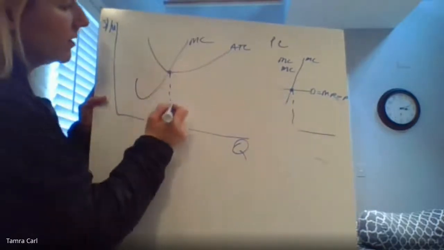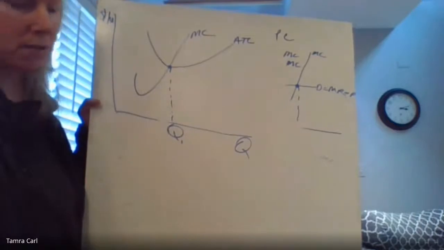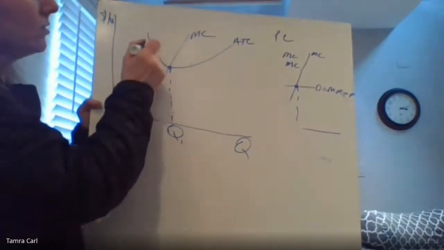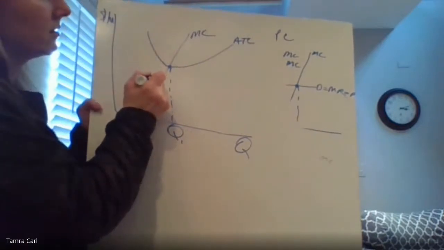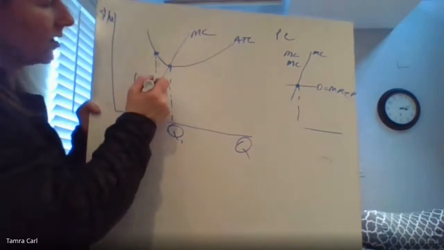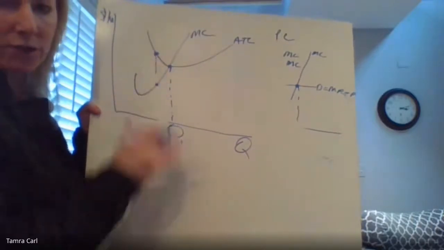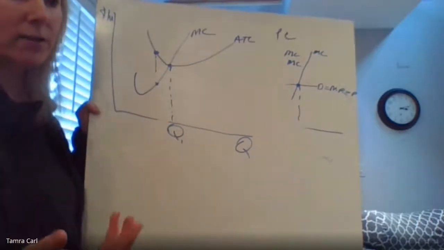So at this quantity here of productive efficiency, which is minimum ATC, I have a marginal cost curve that is less than my ATC. And so all of the additional costs are lower than the average costs, and so they're bringing the average down. Like I used the example before about grades, right?